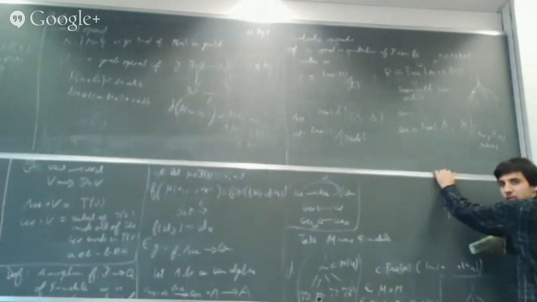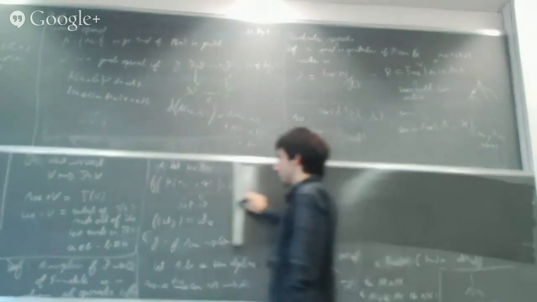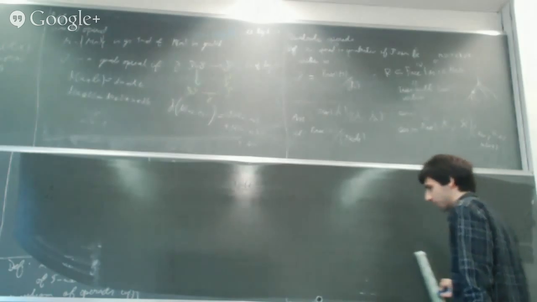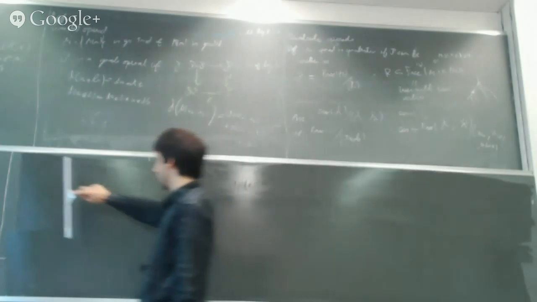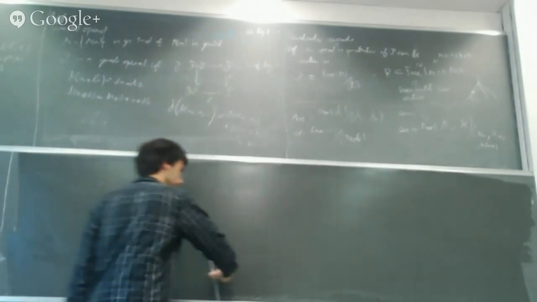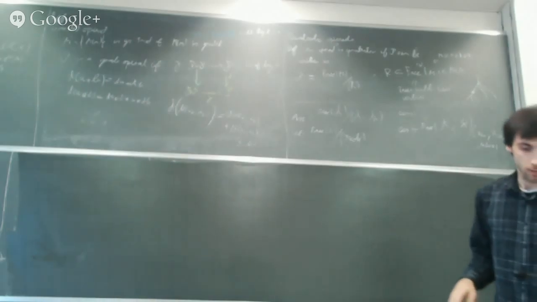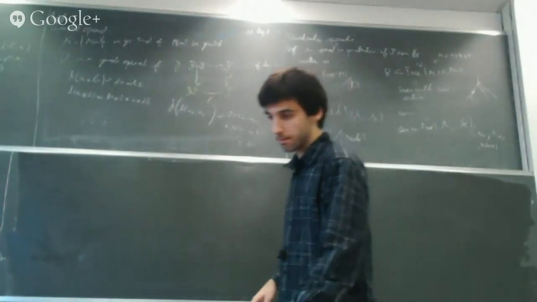The BV Laplacian squares to 0, but it doesn't have Leibniz properties. You write something similar to that, but it's not equal. You take the difference between the left and the right side of the equation.